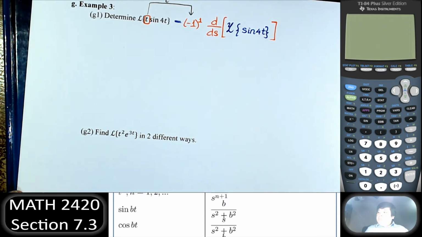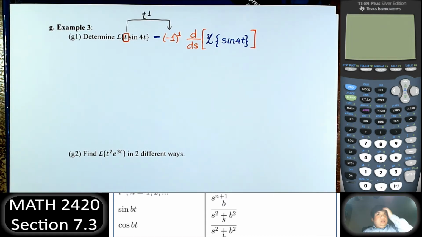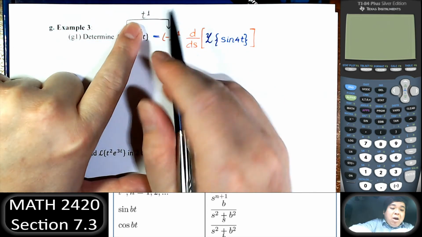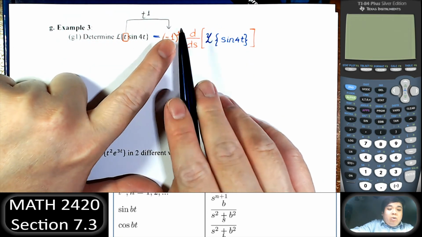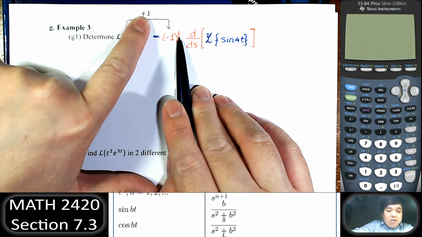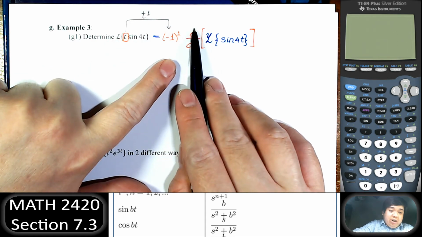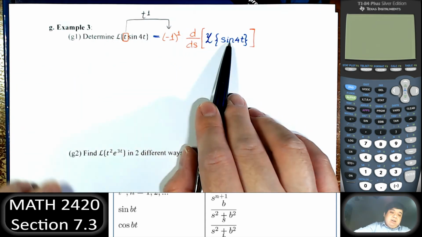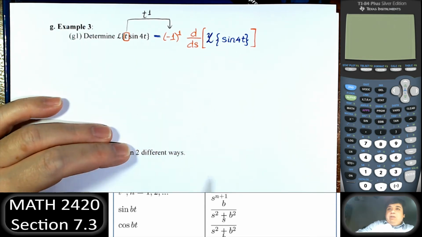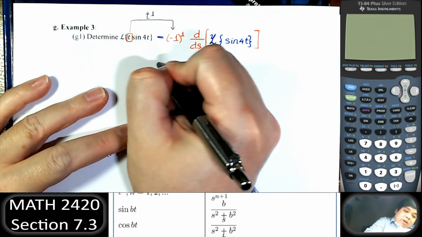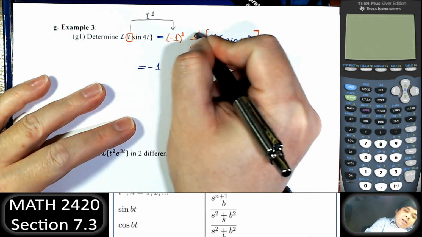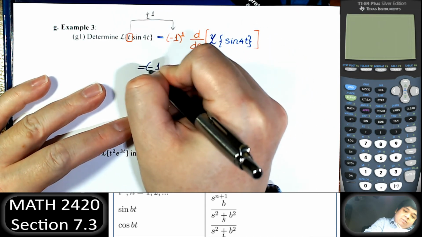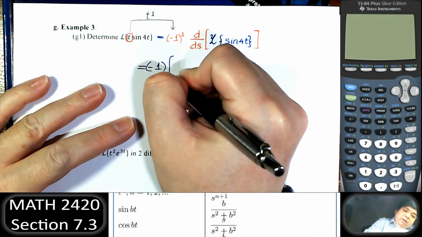So whatever t to that power, negative 1 raised to that power, which is negative 1, and then the same order of derivative of what's left. The sine 4t transform is still there. We have negative 1 times the derivative.